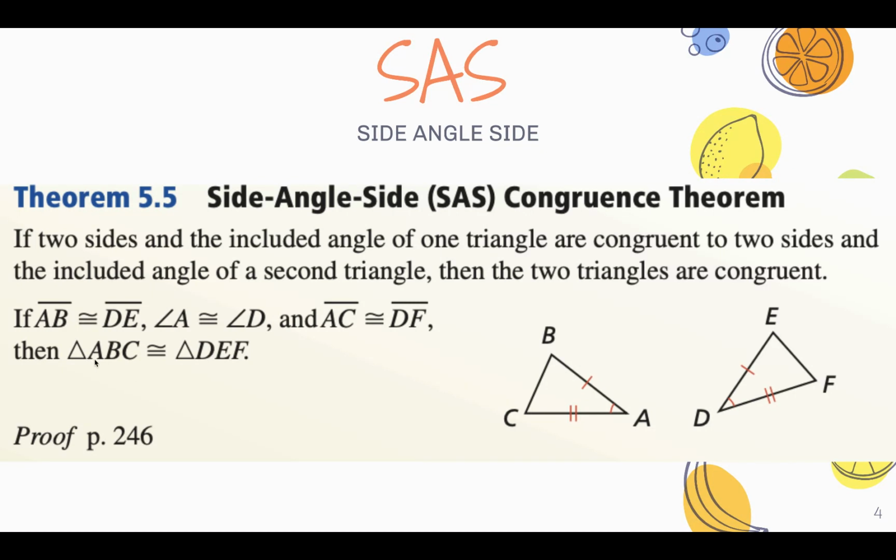ABC has to match with the corresponding parts. A has 1 congruence mark, so it matches with D because it has 1 congruence mark. So first position, first position. B, we just happen to choose B in this triangle. We could have gone ACB, but we went ABC. So B, how do you know that matches with E?